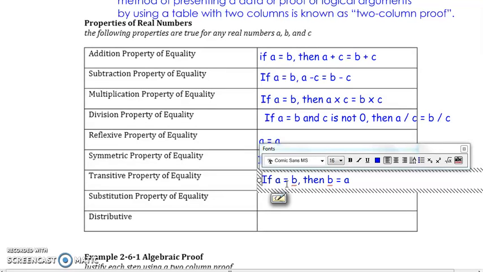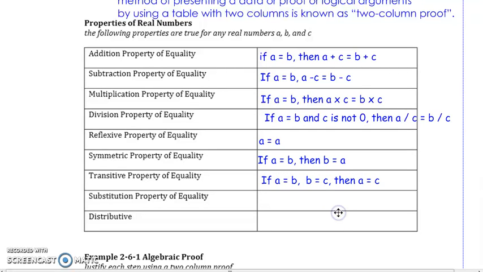I always think of it like the transit of a train. If A equals B and B equals C, then since they're both equal to B, we can take the first part of our train and set it equal to the last part because they're both equal to B. So A equals C. They connect the beginning and the end of our choo-choo train.